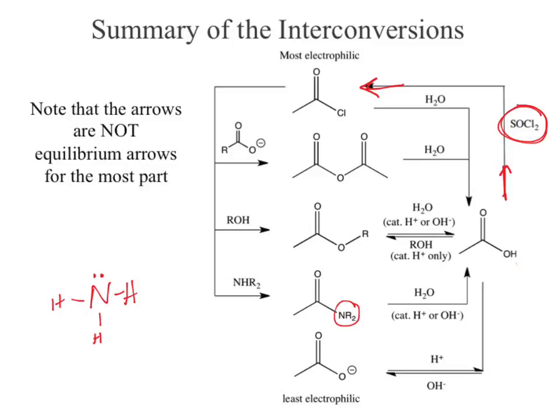To form our anhydride, all I have to do is add the least reactive of my species, the carboxylate, and I can get to my anhydride. Or I can add a straight alcohol, and I end up with an ester. Or I can add some kind of amine structure, and I end up with my amide.